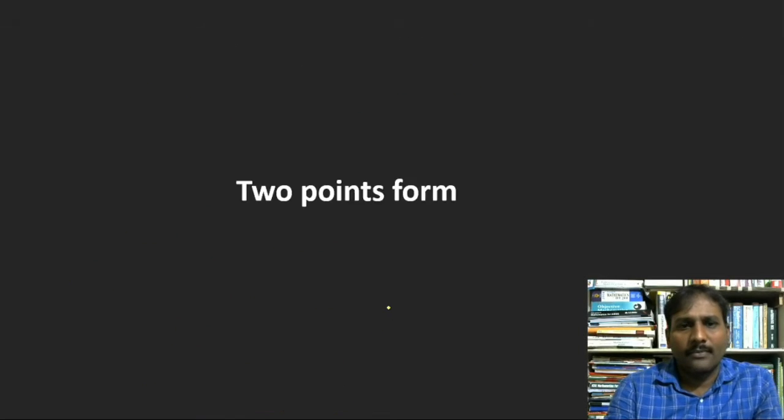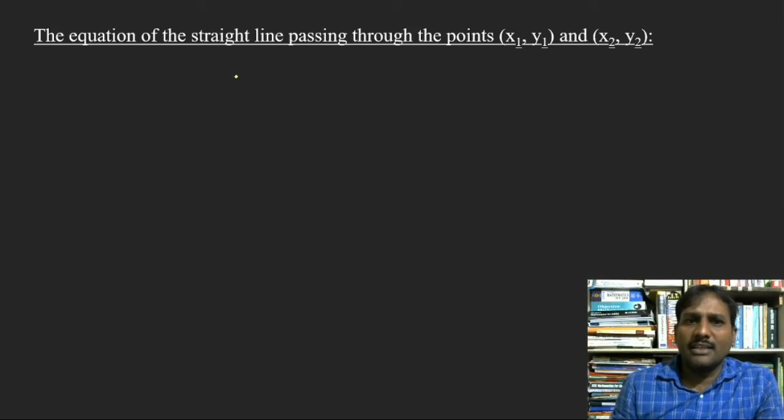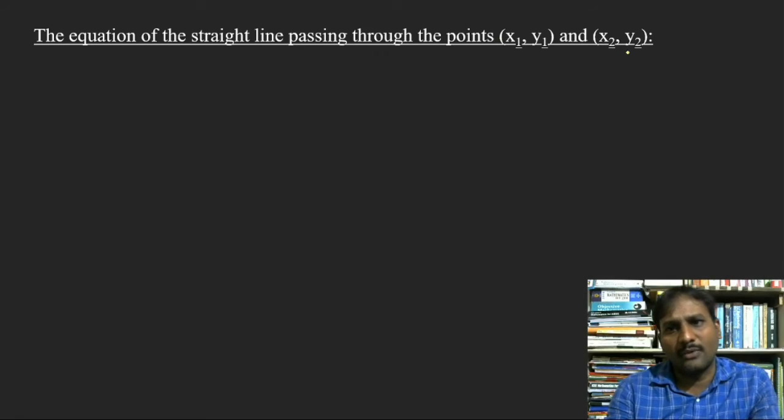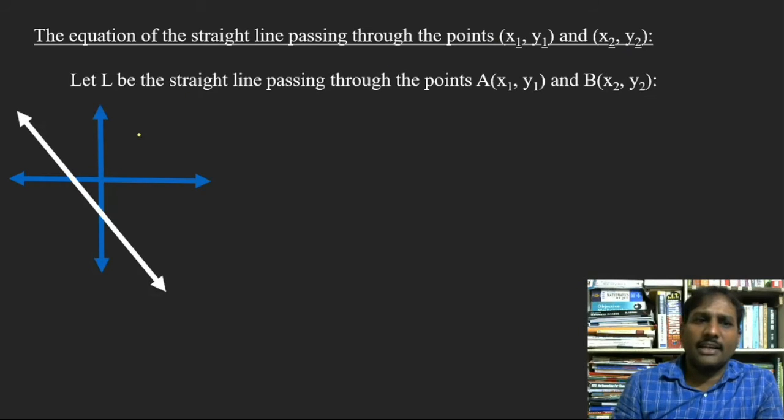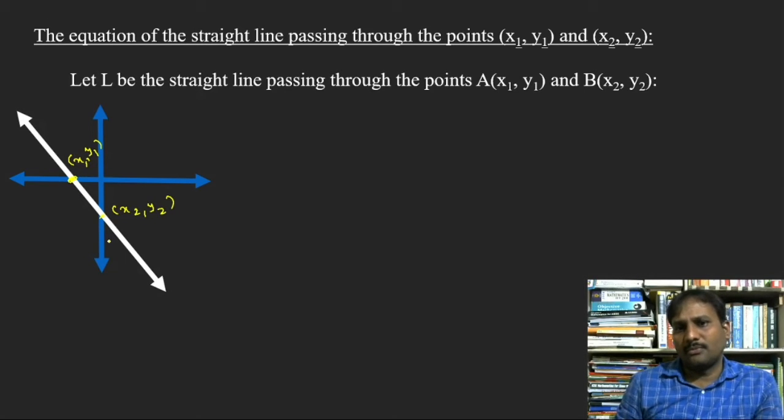Okay. Now we learn about the two points form. So the equation of the straight line passing through the points x1, y1 and x2, y2 we are going to find out now. So let L be the straight line passing through A x1, y1 and B x2, y2. So let us say this is some point x1 comma y1 and this is some point x2 comma y2.